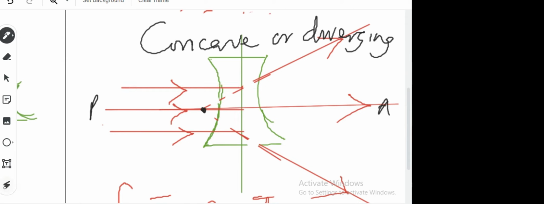And a ray is parallel to the principal axis, like this ray. It will diverge. It will spread. But when it is spreading, it will still appear to be coming from the imaginary focus. So all you need is to draw a line from the imaginary focus to where the ray hits the vertical plane and then make it longer. That will tell you the line that it will follow when it is spreading. The same thing for the other one.